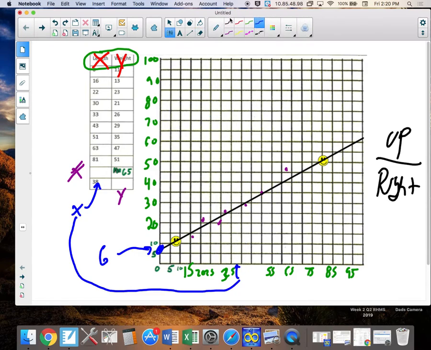So we go straight up from this spot until we get to our line of best fit. So I hit it right there. Go straight across. And if this is 20, 25, 30, right about halfway between, I would say something like 27.